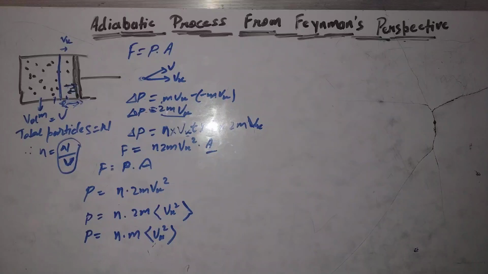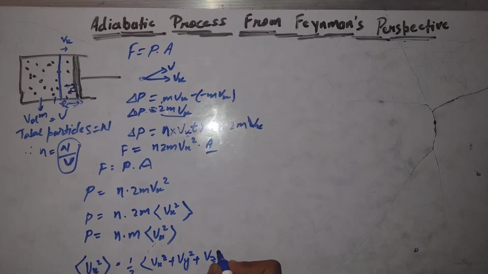So we can assume that this average of Vx square would actually equal the average of these terms.